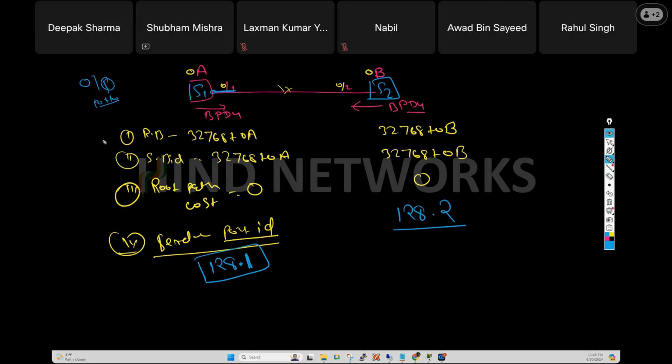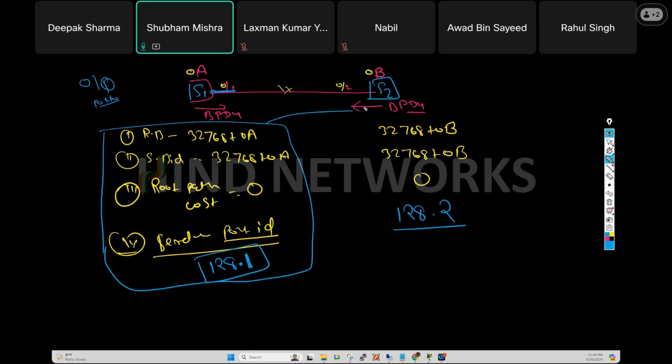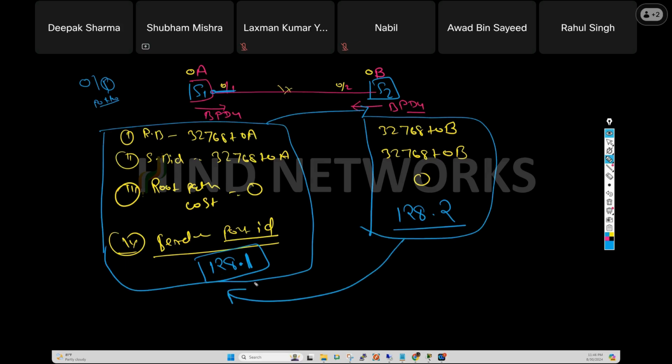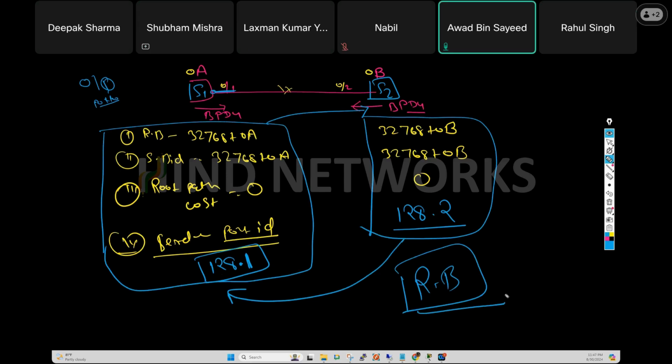Switch number 1 sends this complete BPDU information to switch number 2, and switch number 2 shares its complete information with switch number 1. On the basis of these criteria, both switches will elect the root bridge. Do you understand, everyone?